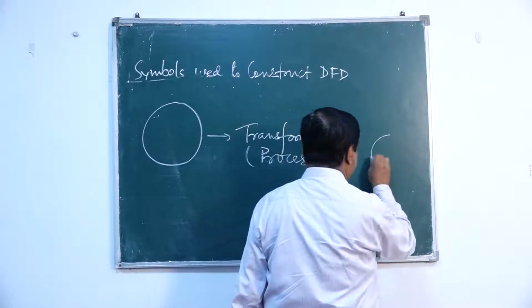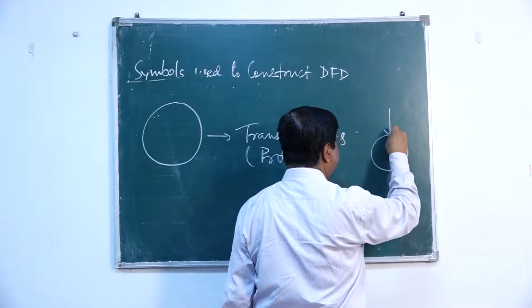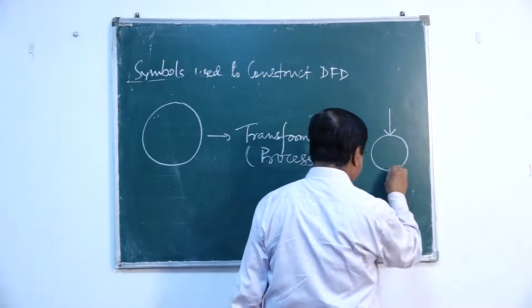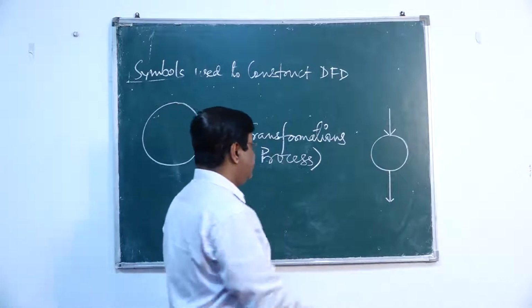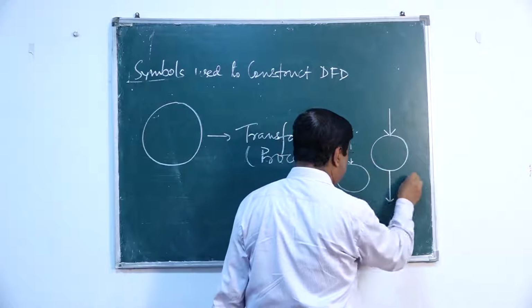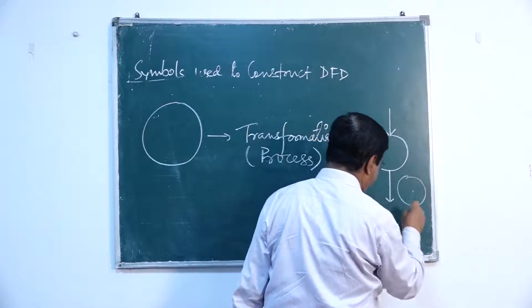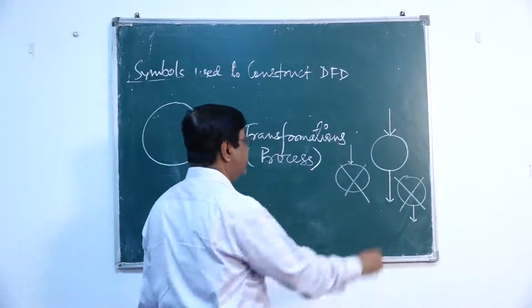So the rule says here, in the process, if anything is input, then there must be an output. We cannot show either input or output only. These two are not allowed.